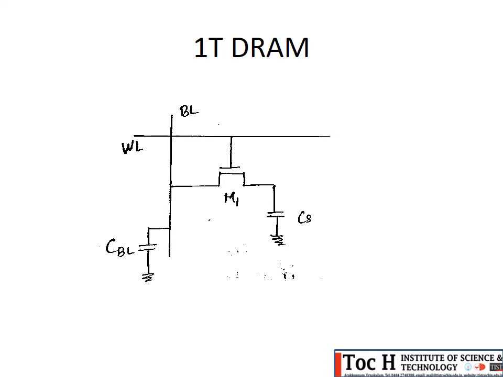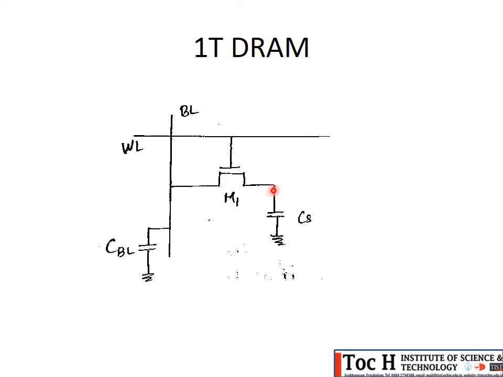So during the read operation, what is the first step? Pre-charge BL to VDD by 2. Next step, enable the word line. As we enable the word line, this transistor gets turned on. Now, suppose the capacitor value was 1. What is the voltage here? VDD minus VTH, or approximately equal to VDD.